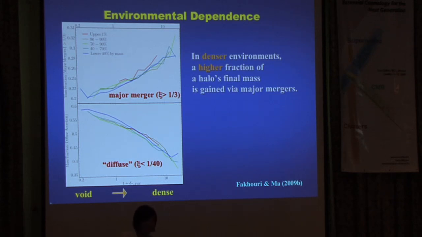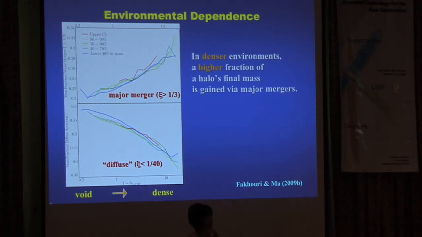Okay, so here comes the sort of question you can ask. We found that merger rates are larger in denser regions, which seems to make sense. You got more stuff together, maybe things are merging. However, one implication of this would be, if you sit at redshift 0, for example, you look at the halos, since the halos in denser environments experience higher merger rates, you would expect them to have been formed more recently.